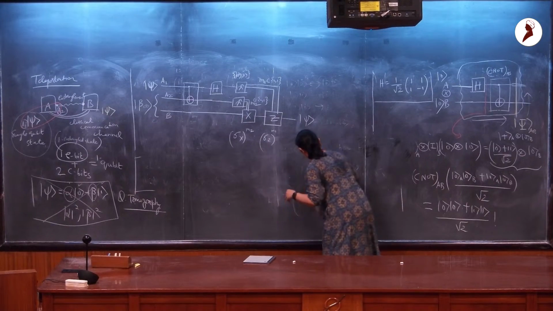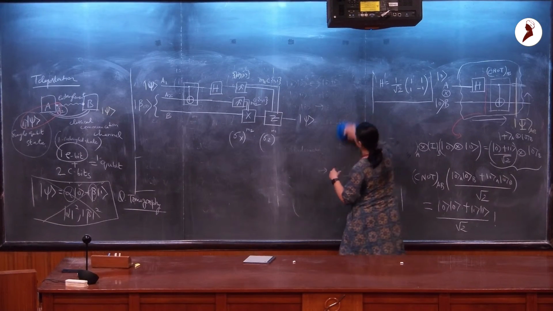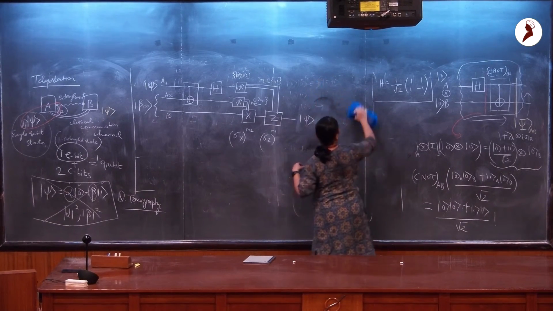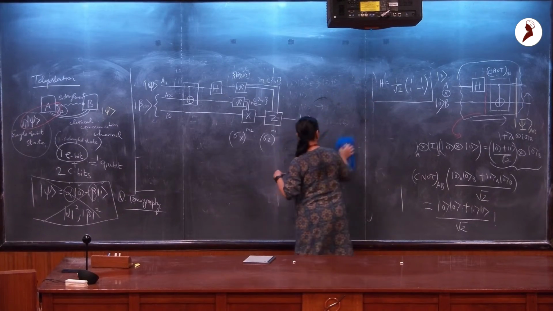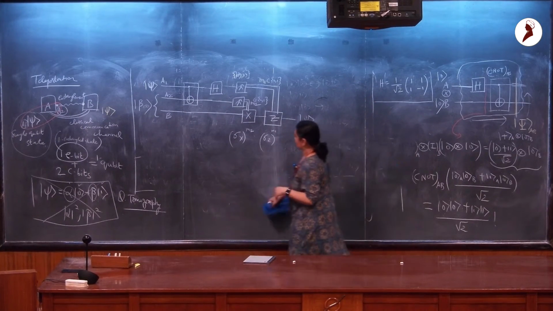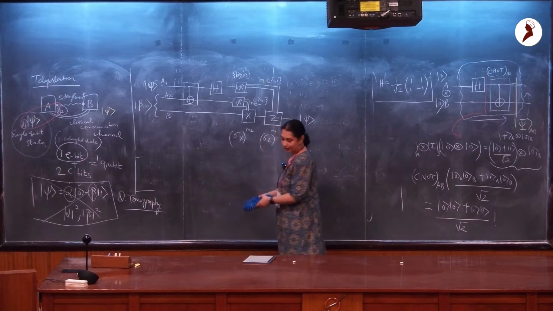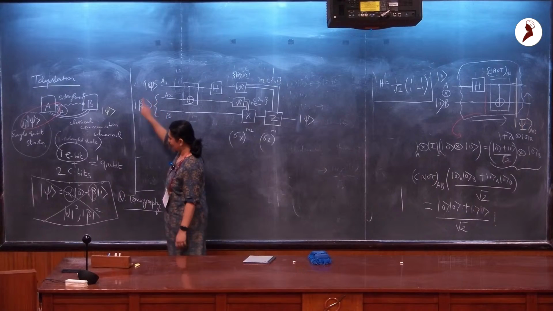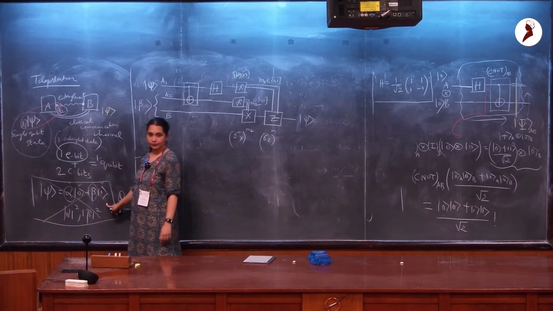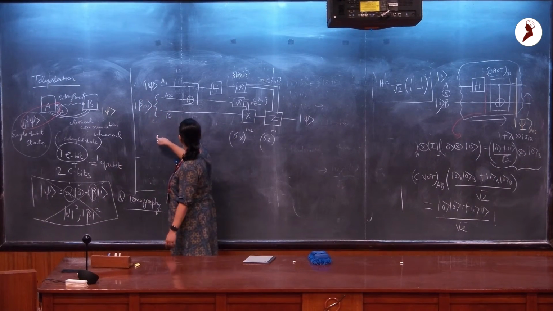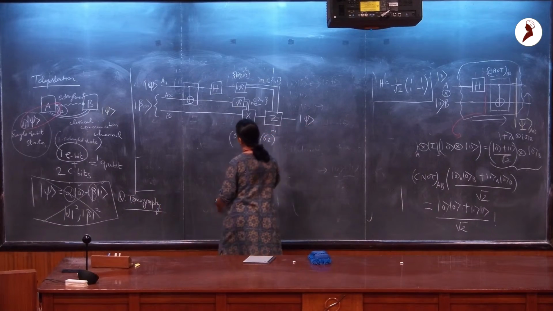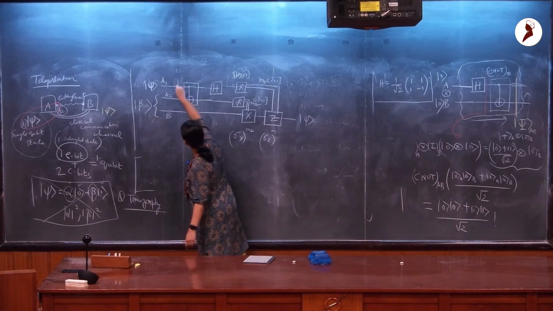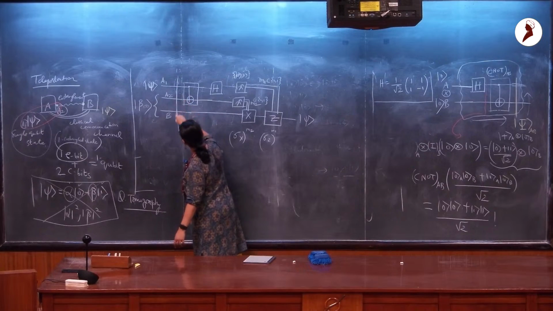Okay, so it looks like something really strange has happened, but actually not. So let's just try to understand what's happening here. Of course, I can work out the math, right? I can take an alpha 0 plus beta 1 and write down this state. And remember how I did this circuit analysis? I can analyze this circuit at every step. So write down the state here.